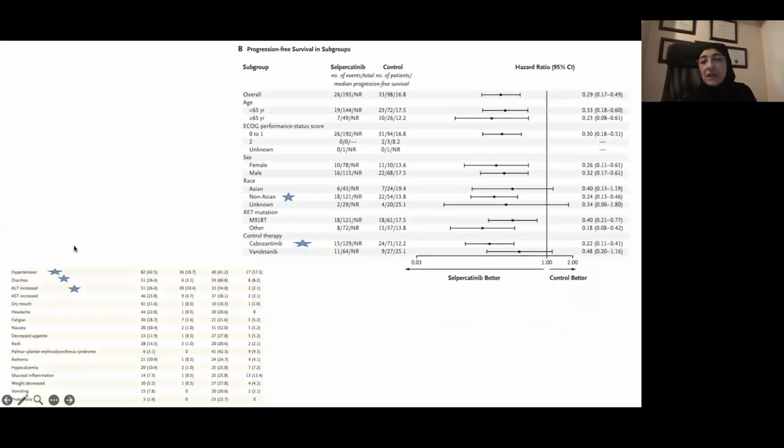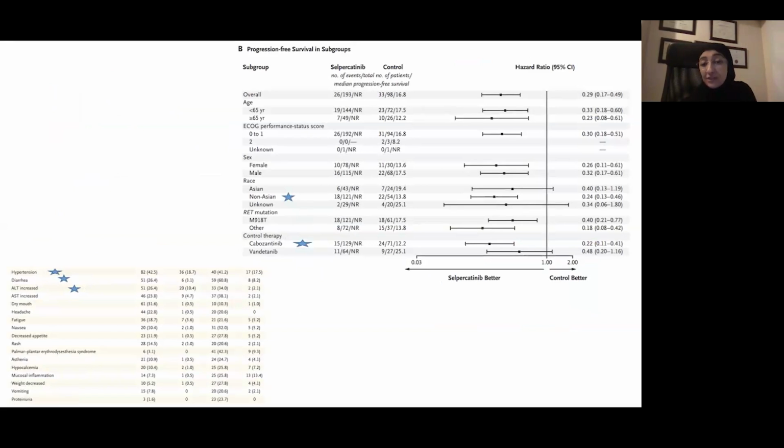The main side effects, as with any other tyrosine kinase inhibitor, are hypertension, diarrhea, and increased liver enzymes. Best responders to this medication were non-Asians and those with previous use of cabozantinib. Well, I think this is a culprit which weakens the study.